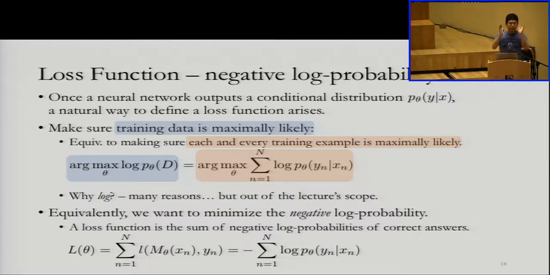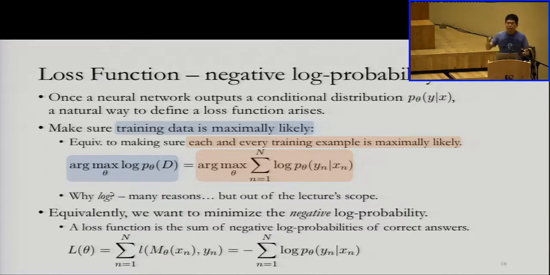So I have one example that has the input and the output. What I want is for my neural net, or the directed acyclic graph, to put as high a probability as possible on the correct output, while minimizing the probability of all the other values. And that corresponds to maximizing the likelihood of the parameters.